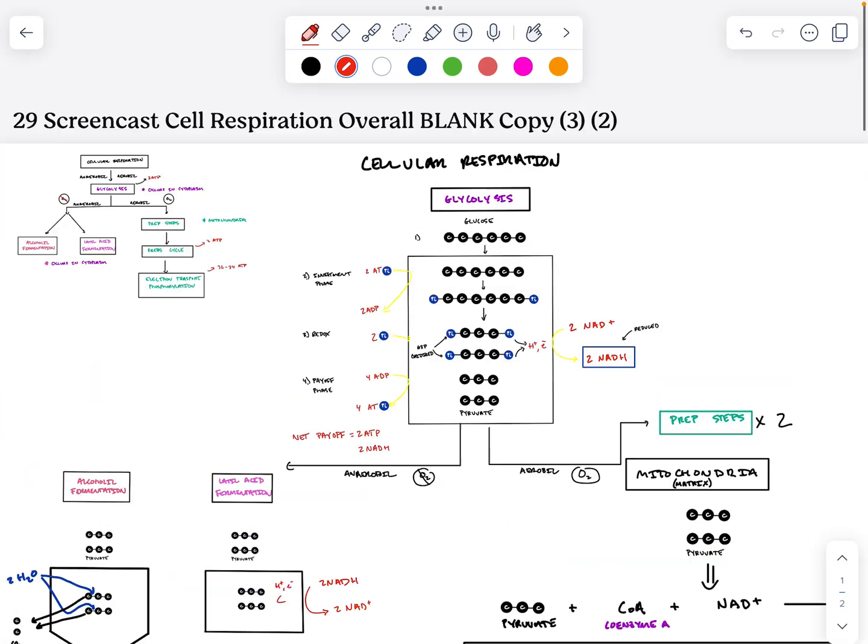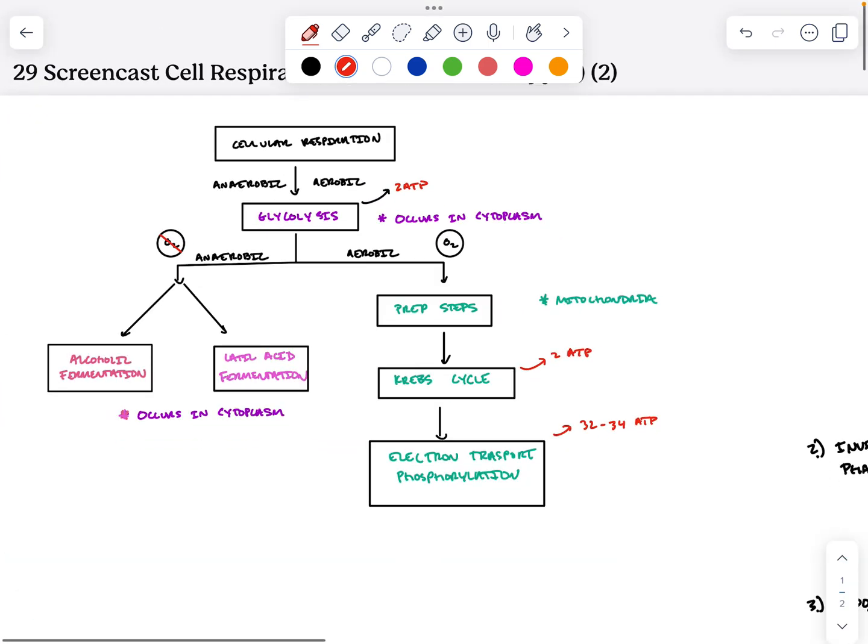So overall, I told you that glycolysis produced 2 ATP, and all of this, the aerobic cellular respiration, produces on net 34 to 36 ATP molecules.